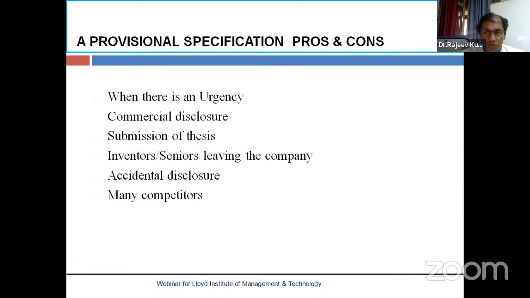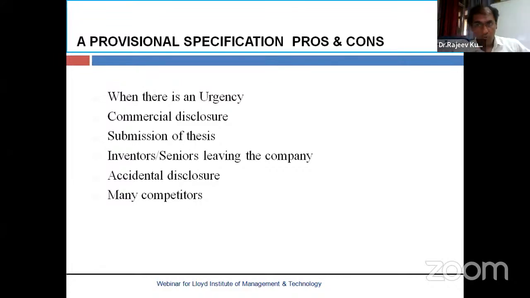Now, as I told you, if your experimental data is not completely supporting your application, I gave you an example of a provisional patent application. You can go for a provisional filing. In that case, your specifications would be just a disclosure. It can be in the form of a paragraph also.